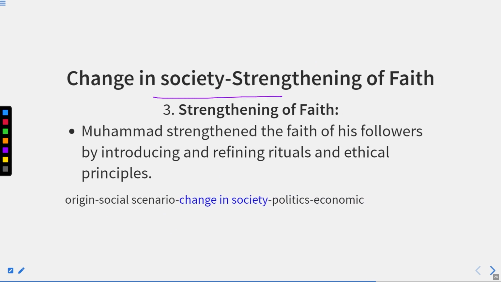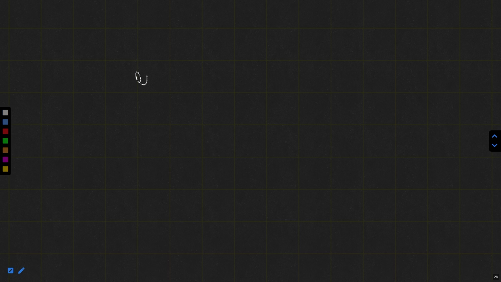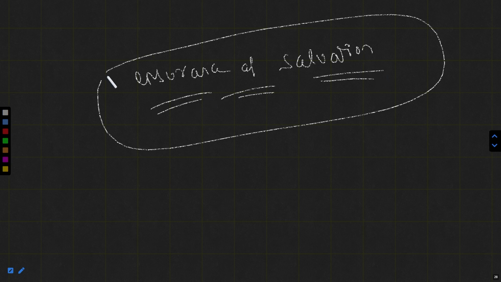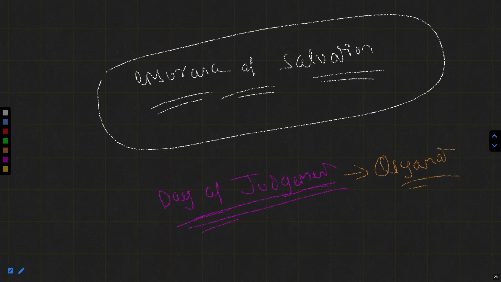Thereafter, strengthening the faith. Muhammad strengthened the faith of his followers by introducing and refining rituals and ethical principles. Also, in the previous lectures, we came to know that there was an insurance of salvation. Like I told you, almost every religion has an insurance of salvation. Like one day there will be the day of judgment, which is also known as Qiyamah.